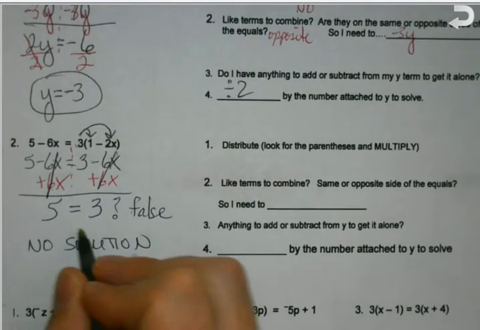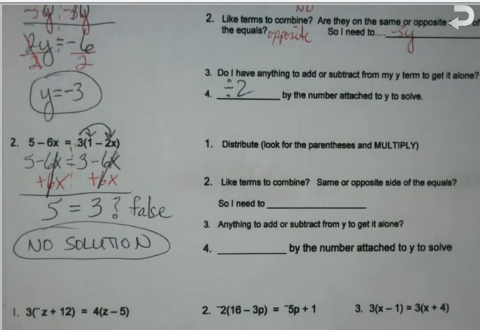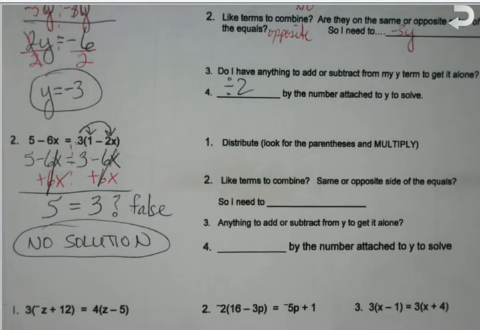There is not an x value I could find that would work in this one. But if they had been equal to each other, like 5 equals 5 or 3 equals 3, that's all real. Still no solution here. They have to be identical to each other. Good question. I think we'll see one here in a bit that's going to be an all real.